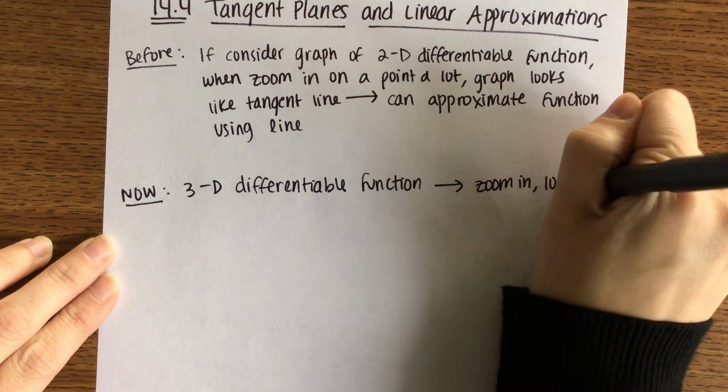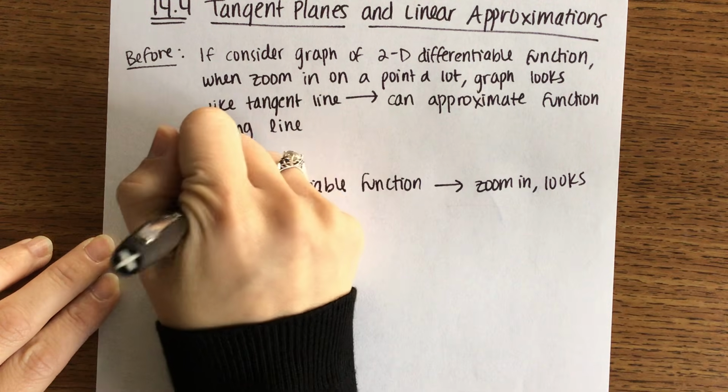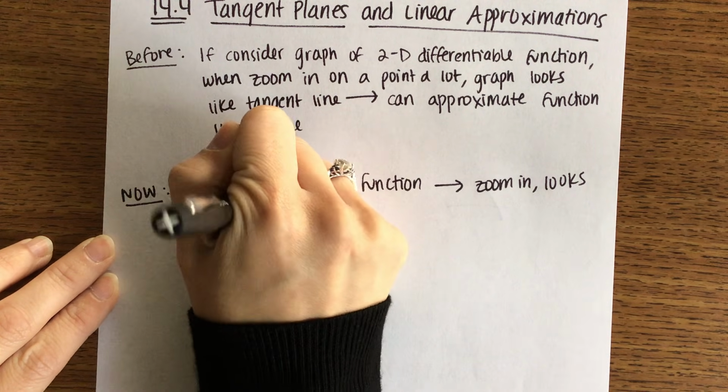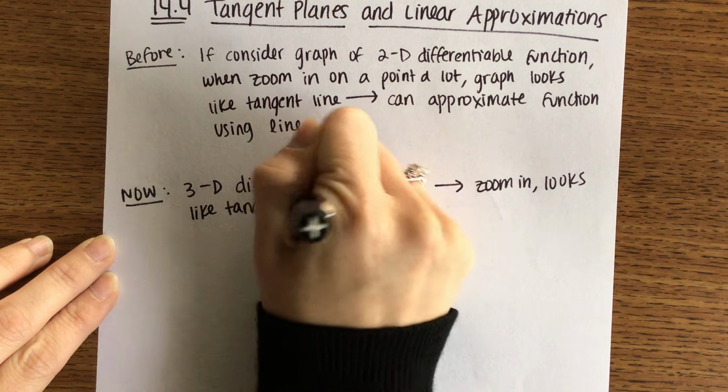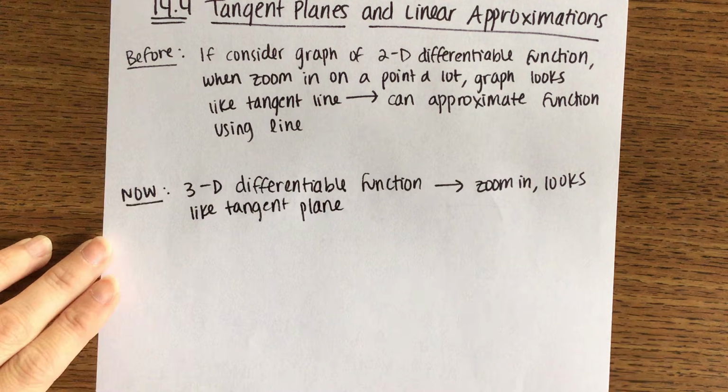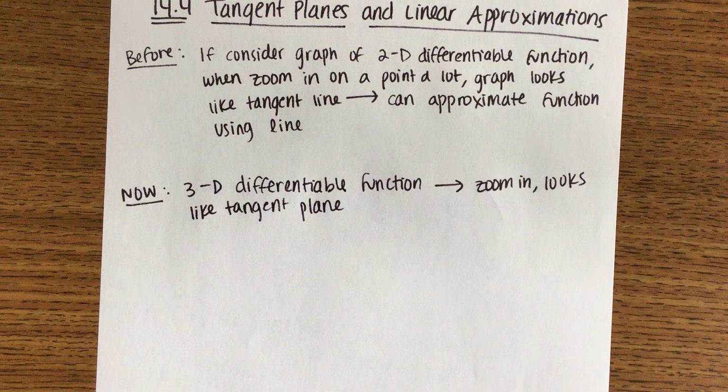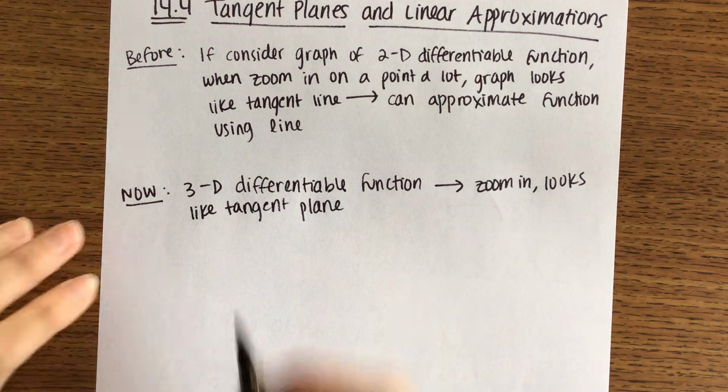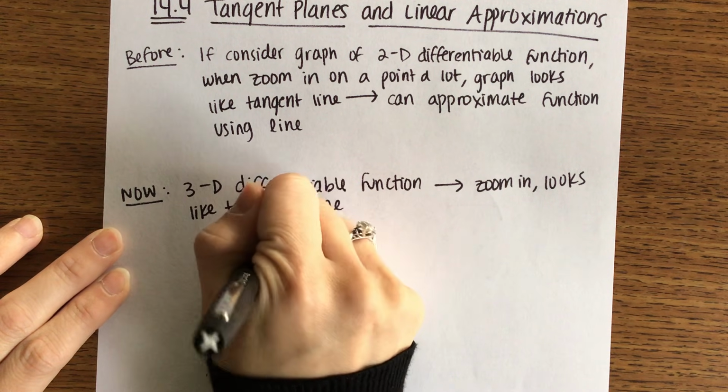Yeah. So now the surface really close to that point is going to look like the tangent plane. So the idea today is if we can find the equation of the tangent plane, we can use it to approximate the value of z or f, whatever we're calling it, when we're really close to that point that we're using. So the first question is, how are we going to find this?